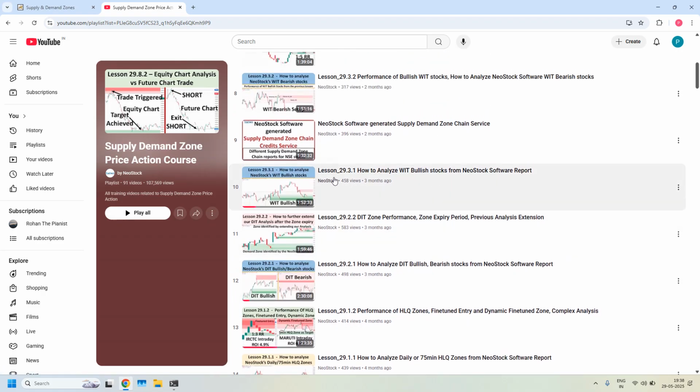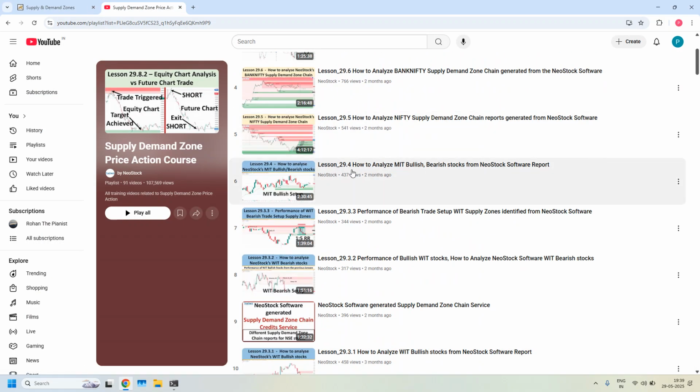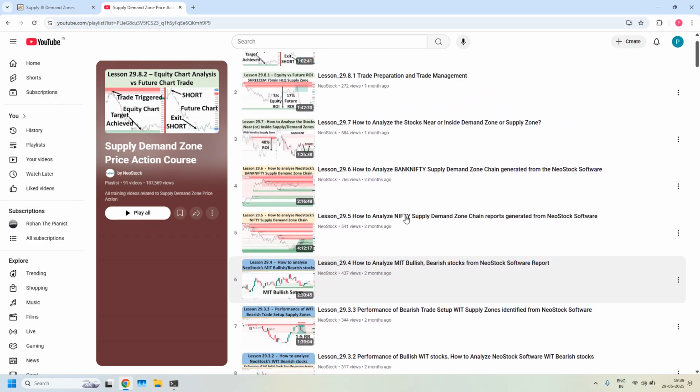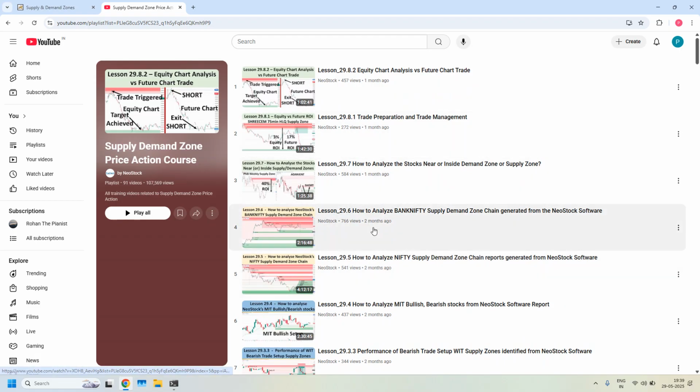Similarly, in lesson 29.3.1 video and lesson 29.3.2 video, I have explained WIT bullish and bearish trade setups, how to make use of these reports I am going to generate. And then I have explained in lesson 29.4 how to make use of monthly income trade bullish trade setups. So please go through these videos.